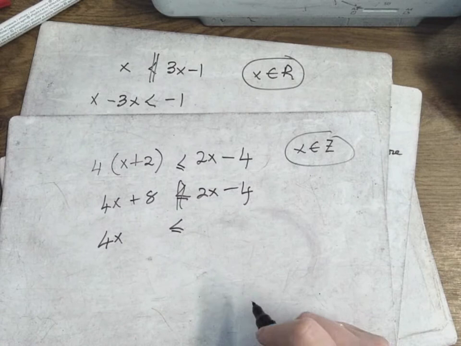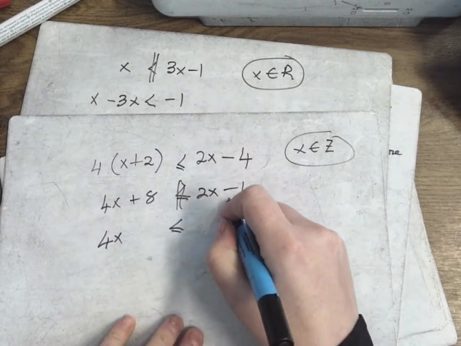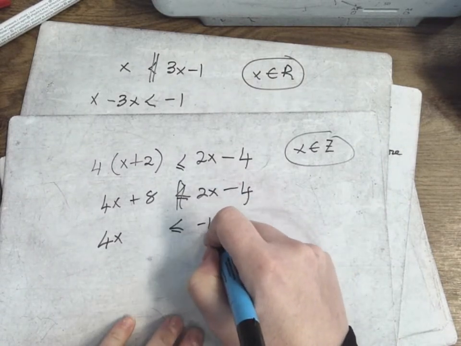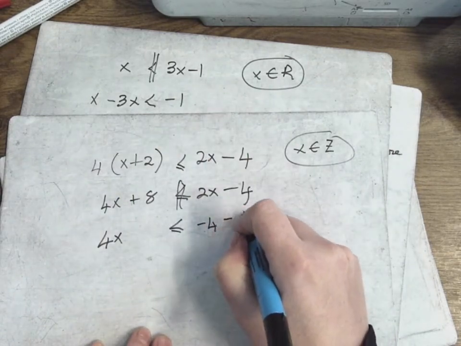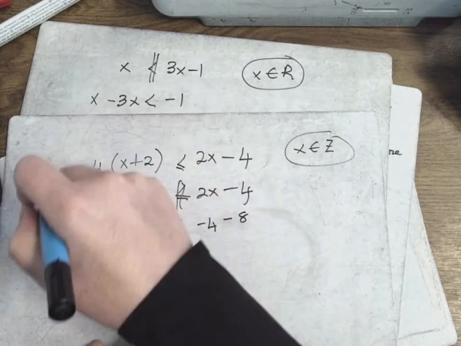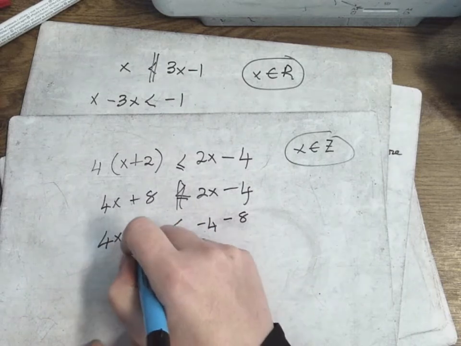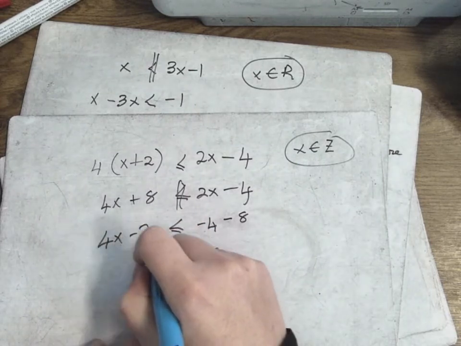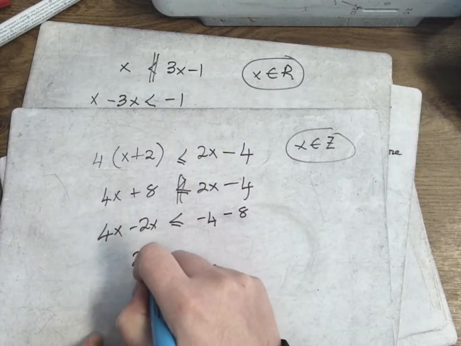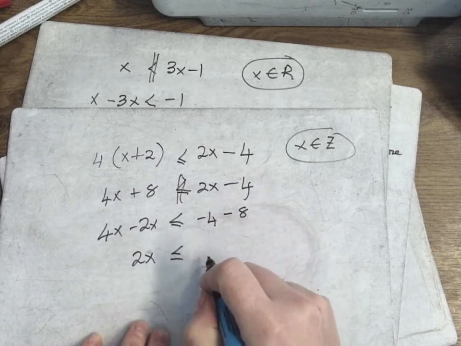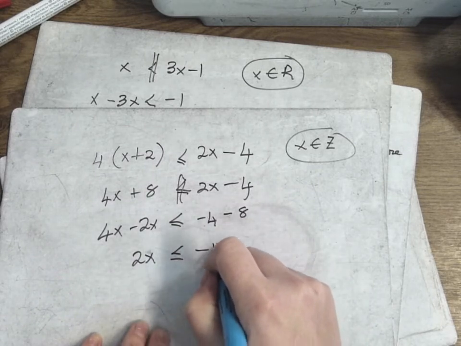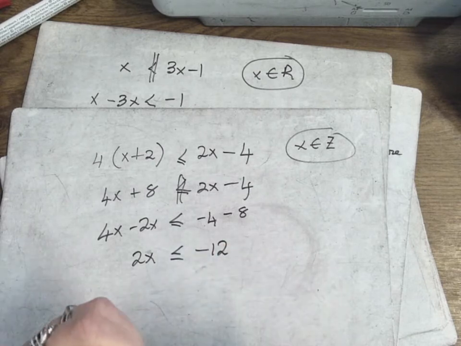Right? 2x is moving, minus 4 stays put. 8 comes over and becomes a minus 8. And 2x goes the other way and becomes a minus 2x. So 4x take away 2x is 2x, less than or equal to minus 4 minus 8 is what? Minus 12.